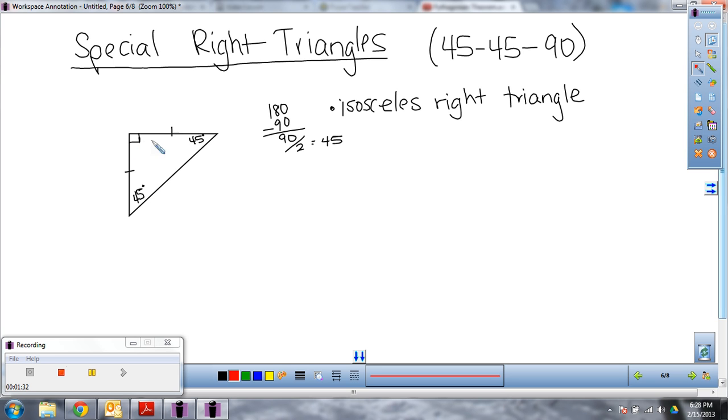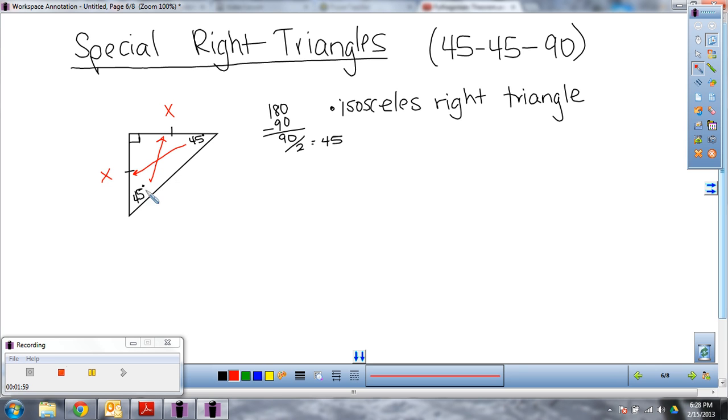we're talking about. So across from the 45, 45 angle. Right? So if we look at the side that's across from the 45, that's represented by x. And since these sides are congruent, across from this 45-degree angle can also be represented by x.